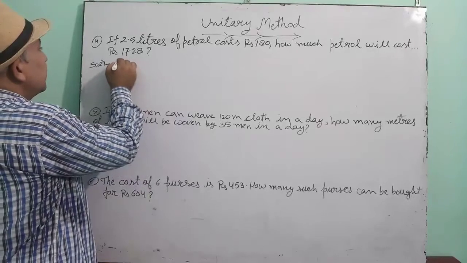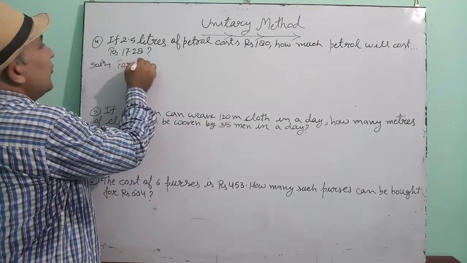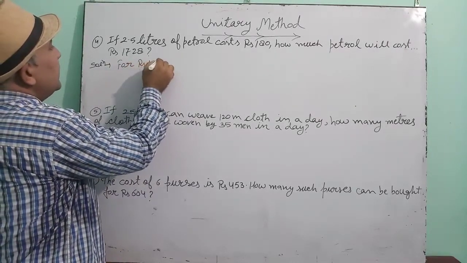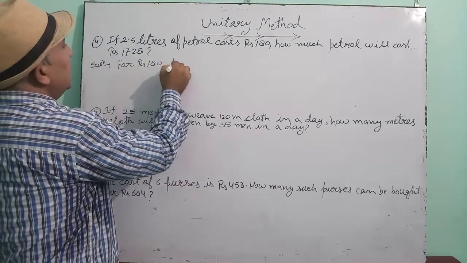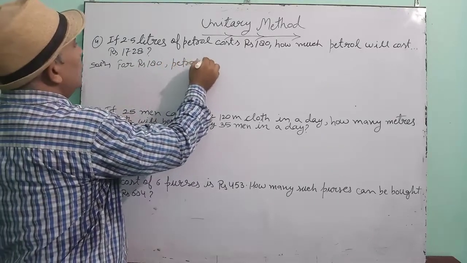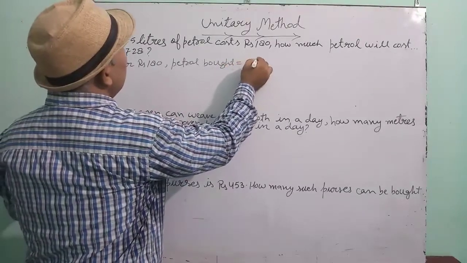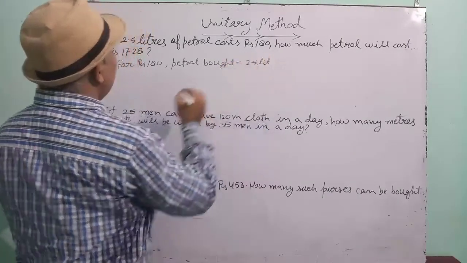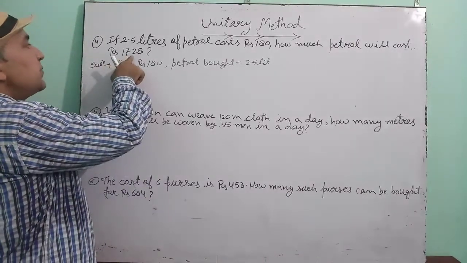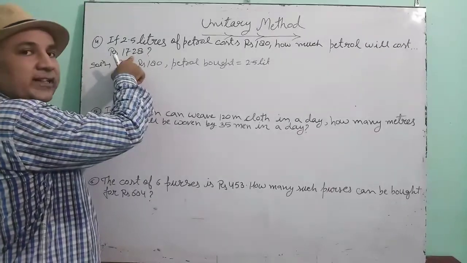So see here, for rupees 180 petrol bought is equal to 2.5 liter. Then how much petrol will be there in 1728 rupees?